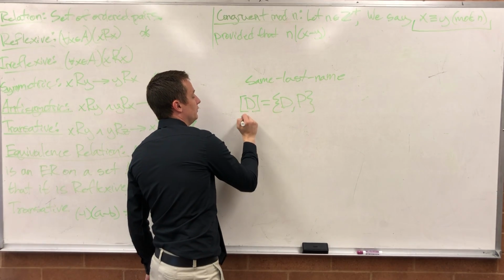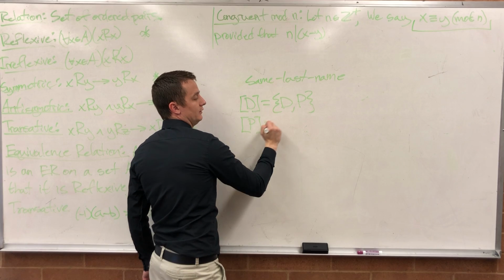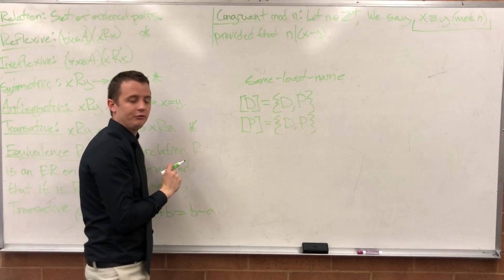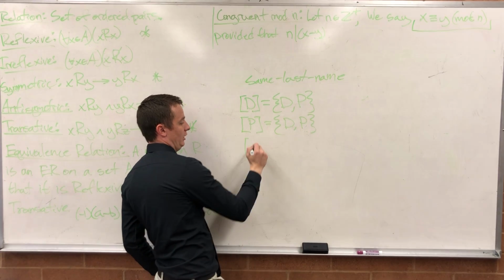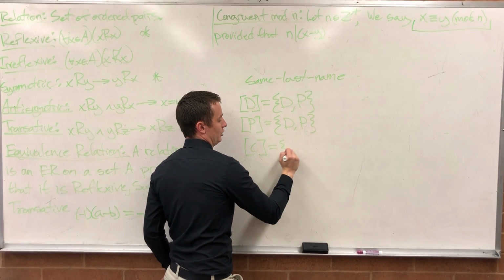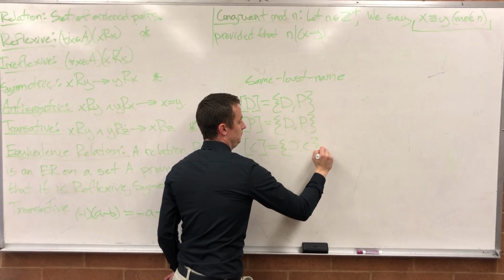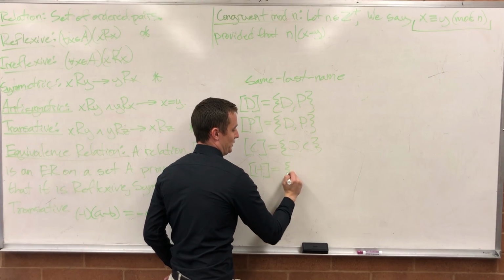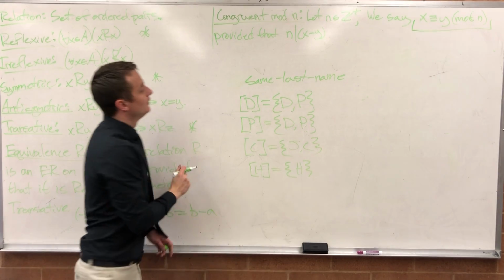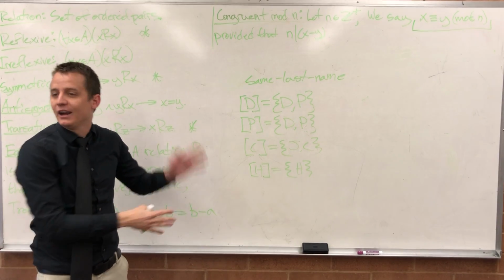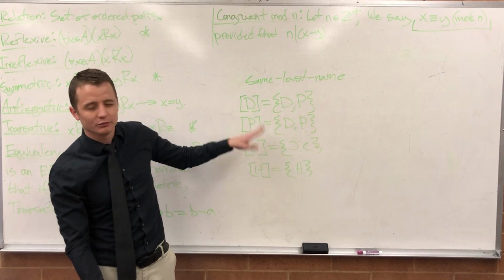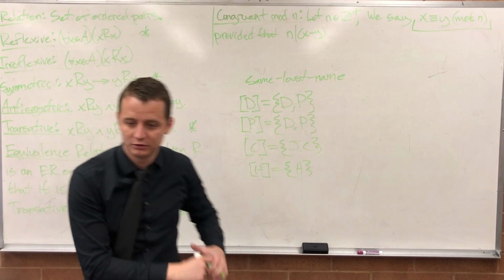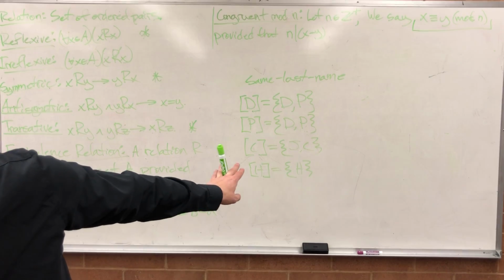If we did the equivalence class on Phoenix, it's the exact same set, Debbie and Phoenix. If we did the equivalence class on Chandler, we would get Jeremy and Chandler. If we did it on Hayden, we would get Hayden. So you see how it's related to partitions. An equivalence class is basically which partition you're in. But we'll come back to the partition language in a second. That's intuitively what an equivalence class is.